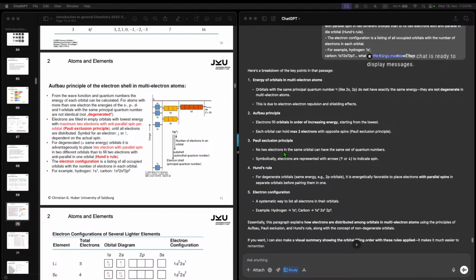No two electrons in the same orbital. This makes sense. This makes a lot of sense.